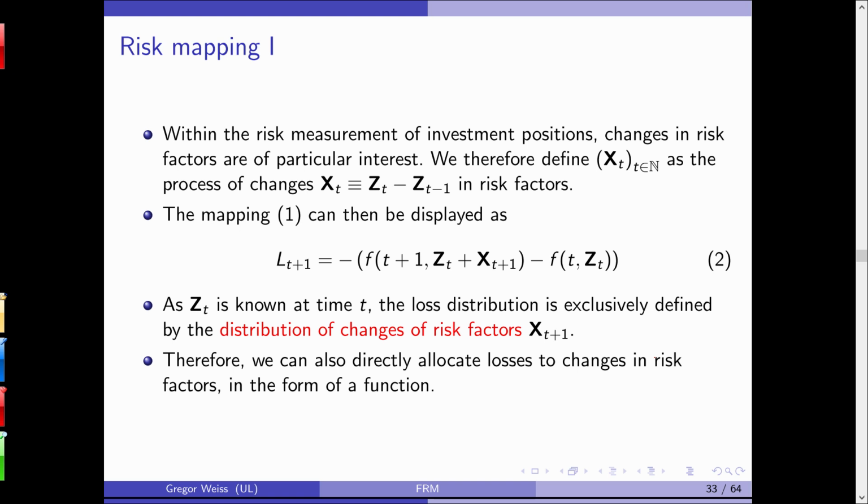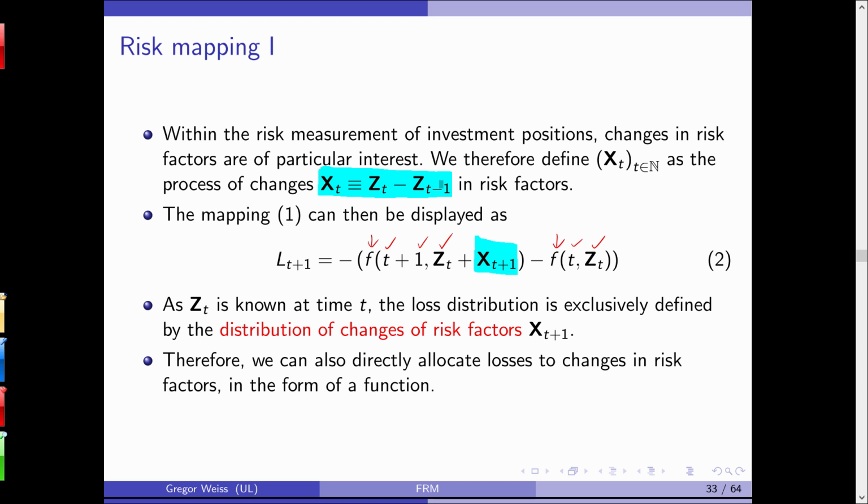And actually, this is trivial, this is known, this is our model. We need to come up with this. So actually it's our decision and our assumption. The only thing that is unknown is xt plus 1, which means that risk modeling and quantitative risk management more or less, in many cases, boils down to modeling changes in elementary risk factors.